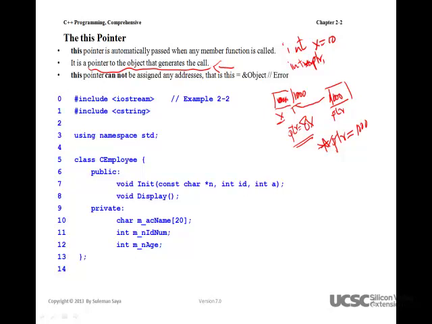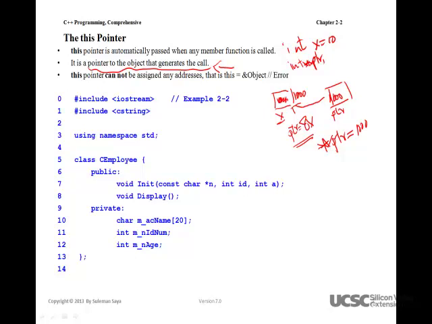It cannot be changed. So let's look at this small example, and during the example I will go over more about this pointer. Before I start, make sure you understand that this is a keyword in C++, all small characters, and it holds the address of an object.